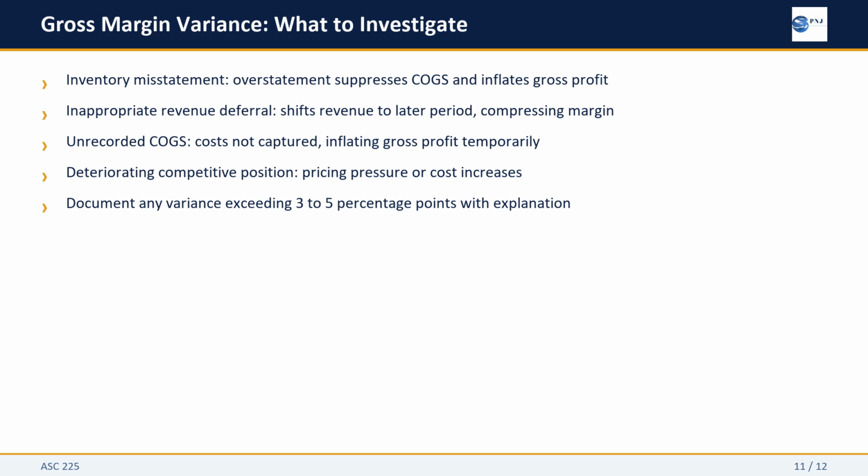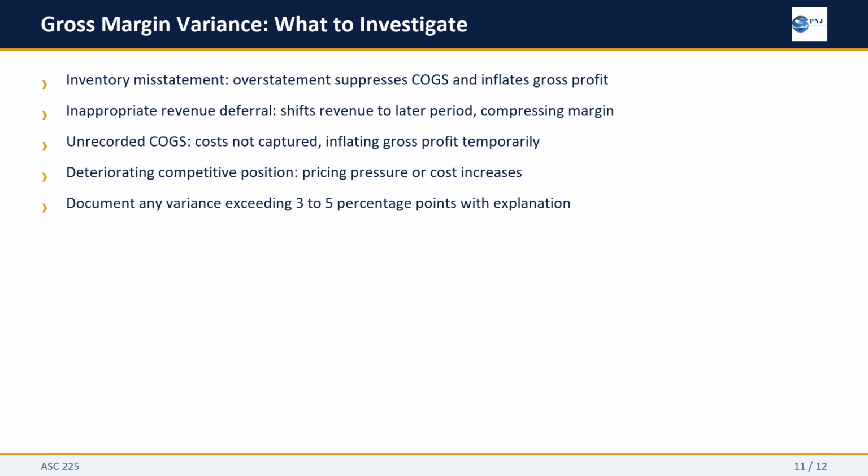The handbook is explicit about what a gross margin decline can signal. Inventory overstatement suppresses COGS and artificially inflates gross profit, so a significant jump in margin can be just as suspicious as a decline. Inappropriate revenue deferral shifts revenue out of the current period and compresses margin.